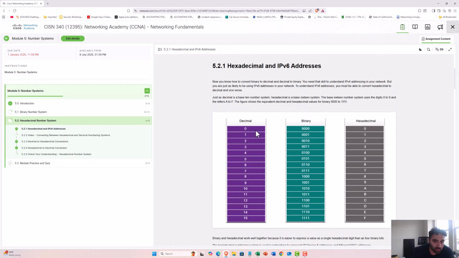So in decimal, we have the regular number system, right? 0, 1, 2, 3, 4, 5, 6, 7. In binary, we have zeros and ones. In hexadecimal, we have 0 through 9, A through F. So 16 characters that can represent one digit. Okay?